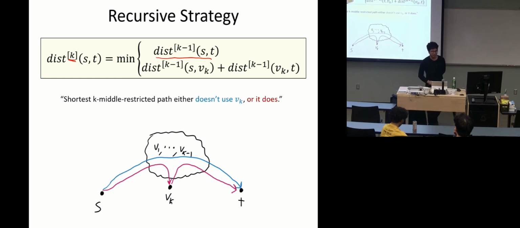So what you get is this equation: go from S to Vk with inner vertices only up to k minus 1, and from Vk to T, where the inner vertices are also only up to k minus 1.